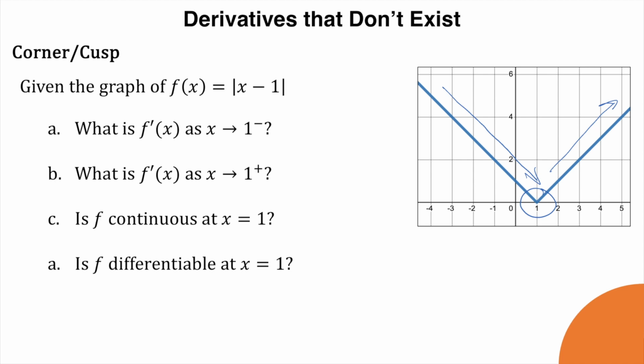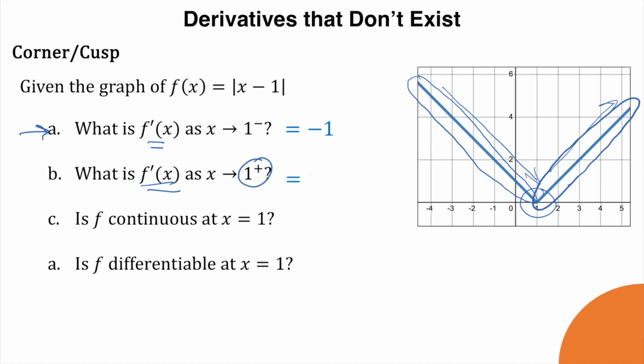But mathematically, why isn't it differentiable? First, let's look at what is the derivative, or the slope, as x approaches 1 from the left. So this line right here, what's the slope of that line? It's -1. Okay, what about the slope as x approaches 1 from the right? What's the slope of this line?